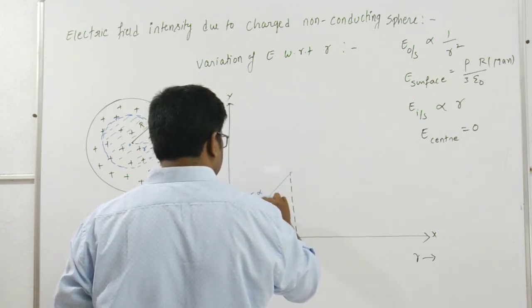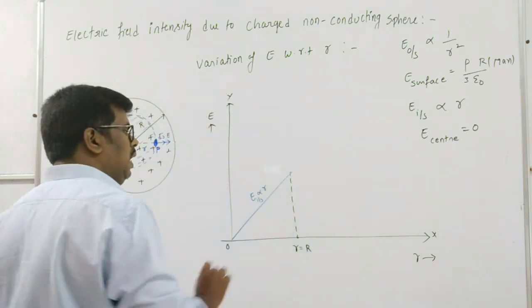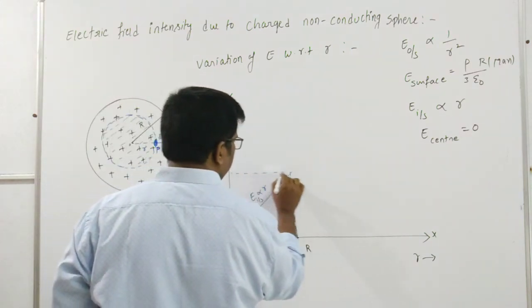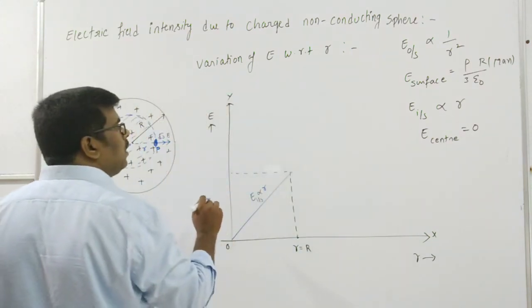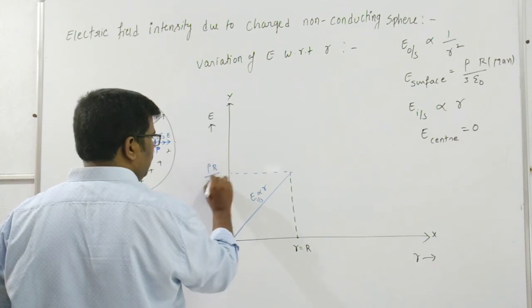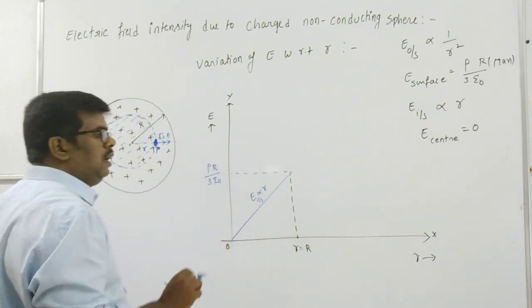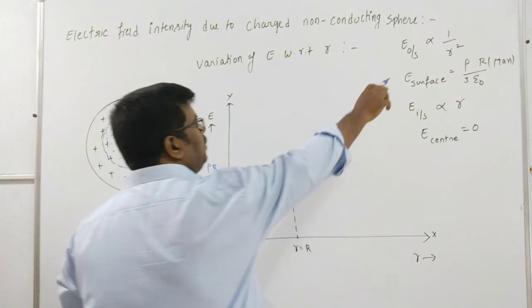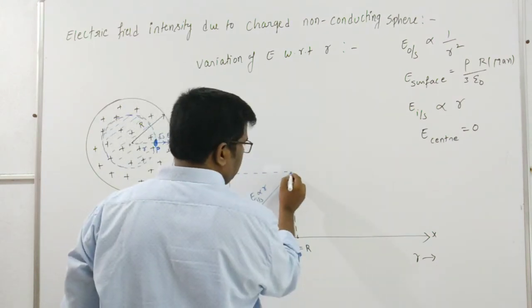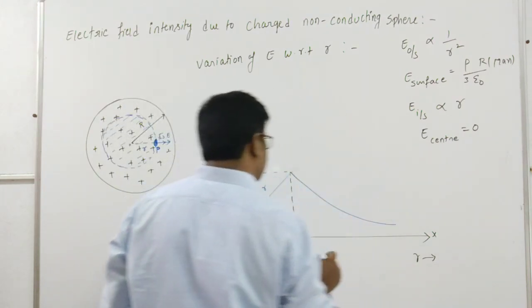So E inside is directly proportional to r. And it is a maximum value on the surface, that is how much? Rho R by 3 epsilon naught. And outside it is inversely proportional to distance square. The nature of the graph is a rectangular hyperbola.